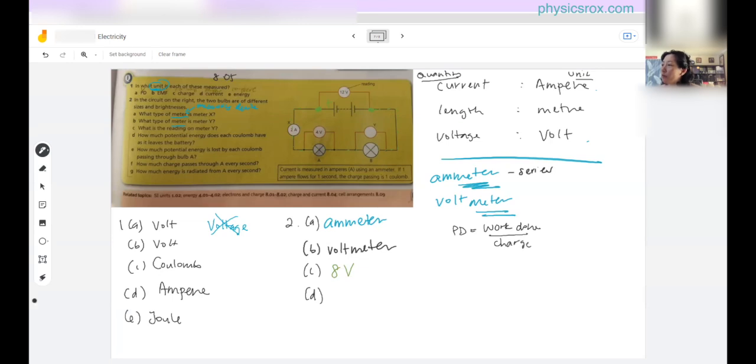If you don't write it as work, then you write it as energy per charge. That means, because now it's asking energy, energy is PD times charge.